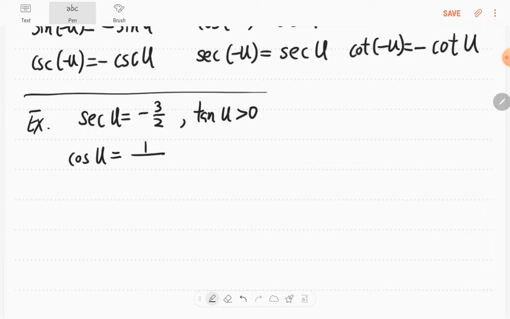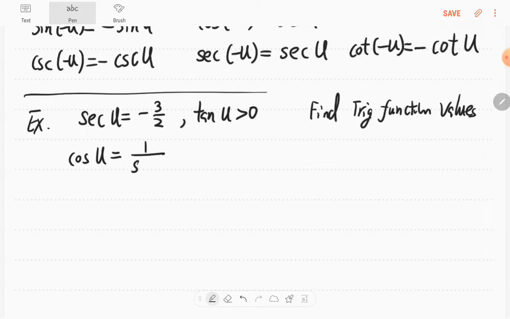We need to find the values of the trig functions. So we can calculate cosine first.